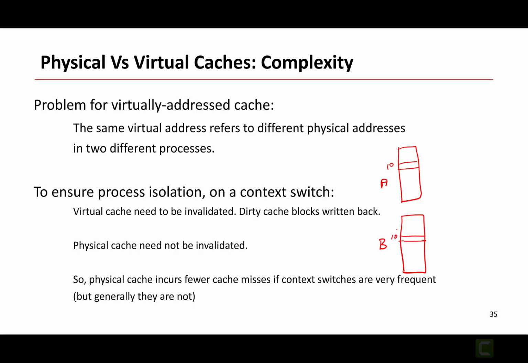Now, the way these two processes are isolated from each other is by the operating system, which ensures that it allocates a page for process A and a different page for process B, even though their virtual addresses are the same.